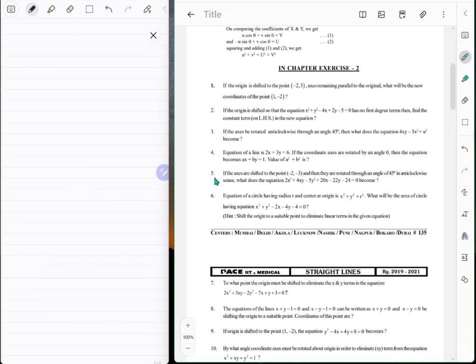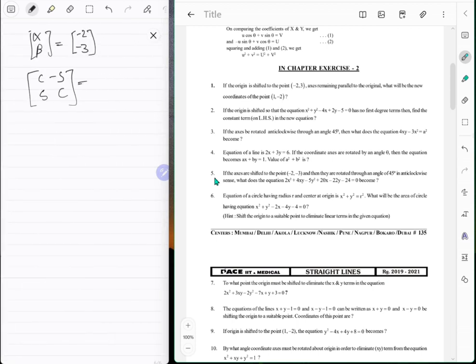Okay, so now what do we have? For the fifth question, you have alpha beta as this vector, -2 and -3, and then they are rotated through an angle of 45 degrees. So theta is positive 45 degrees. The matrix was cosine, negative sine, and then sine, cosine.